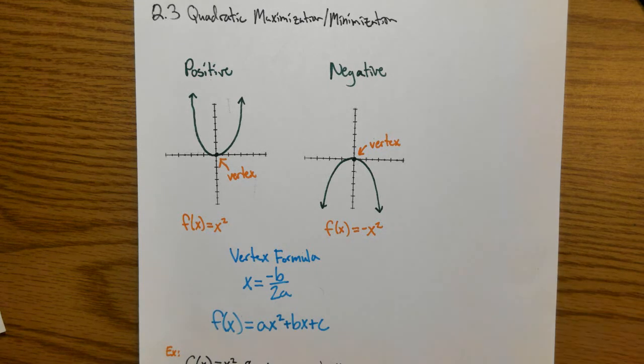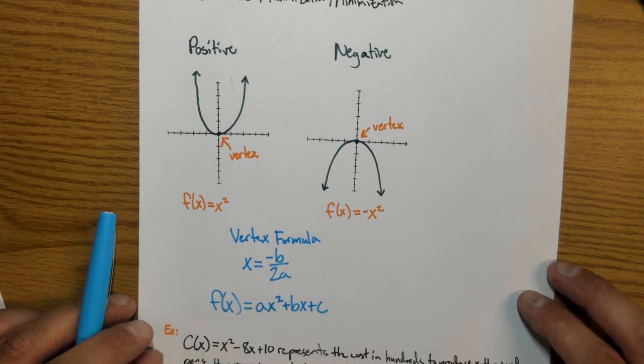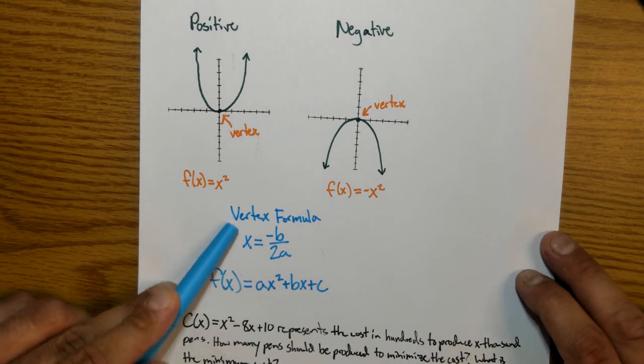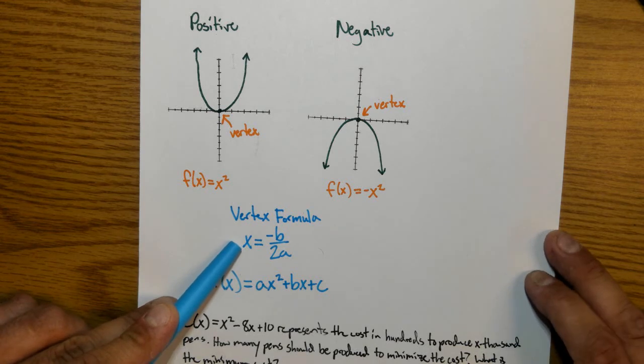Now, where can we find the vertex? That's the question for the ages, really. Well, not really the ages, because we have the answer for it. But that's the question of the day. Where do we find the vertex? And that is from the vertex formula. The vertex formula is x equals negative b over 2a.